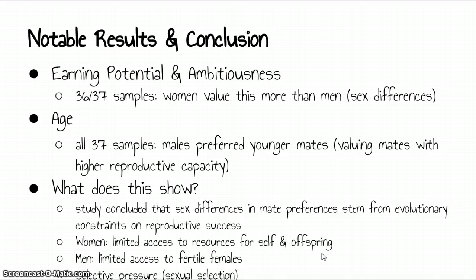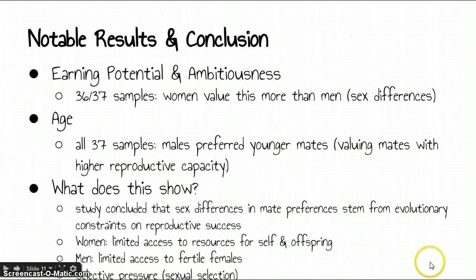Also ages. In all 37 samples, the males preferred younger mates, so they valued mates with higher reproductive capacity, and this is also interesting, and I'll talk about that. These two values of men and women show that sex differences in mate preferences stem from evolutionary constraints on reproductive success.